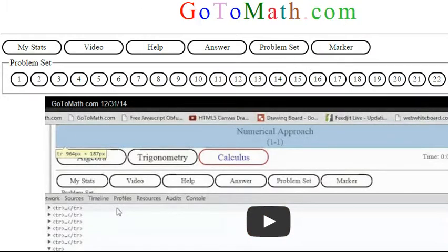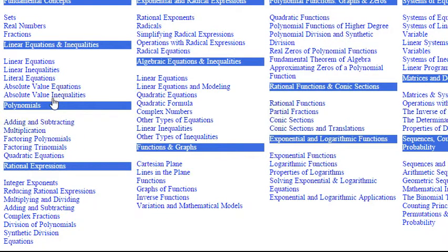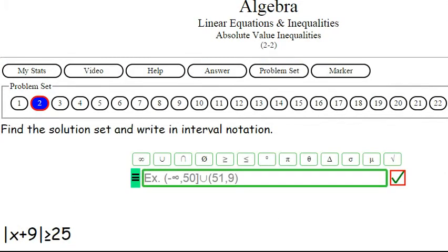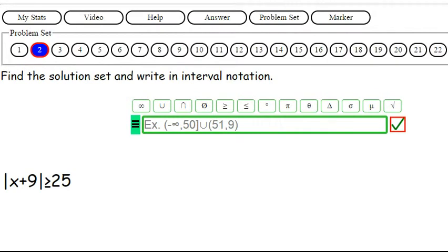Alright, we're over here at gotomath.com. Click on the algebra. Let's go down to absolute value inequalities, and we're doing 2.2. Find the solution set, write in interval notation. So we've got the absolute value of x plus 9 is greater than or equal to 25.